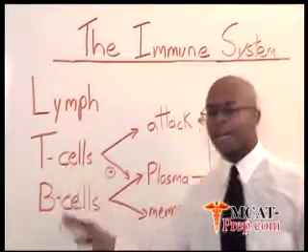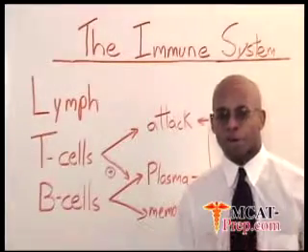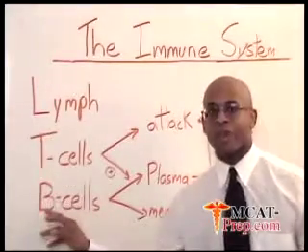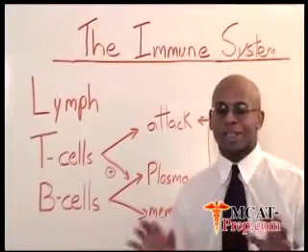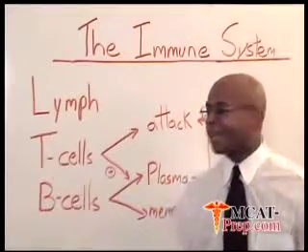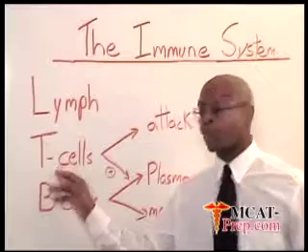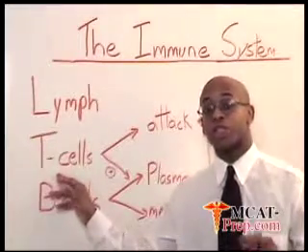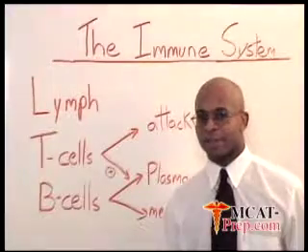Now, T cells and B cells both originate in the bone marrow. So you can think of the B in B cells as standing for bone marrow, even though it actually stands for bursa in birds, but that has nothing to do with the MCAT. T cells also come from the bone marrow, but they're matured in the thymus gland, so they're called T cells.